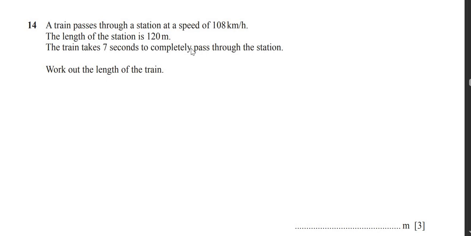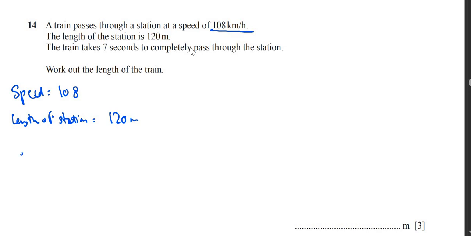So look, speed is 108, length of station equals 120 meters. The train takes 7 seconds to completely pass through it.